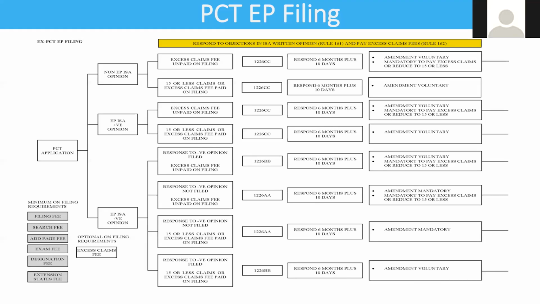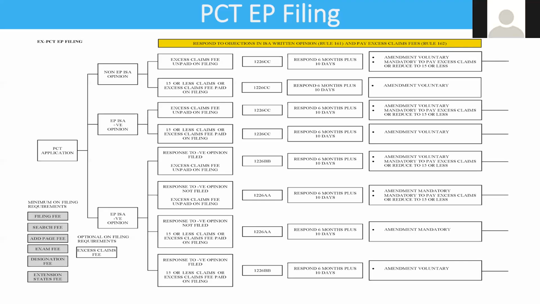And then in the case of the EP International Search Authority opinion, there's some different scenarios. So depending on the scenario, different versions of the Form 1226, either AA, BB, or CC apply. And also important to note, look towards the bottom center of the chart, where you see the 2 blocks for Form 1226AA.